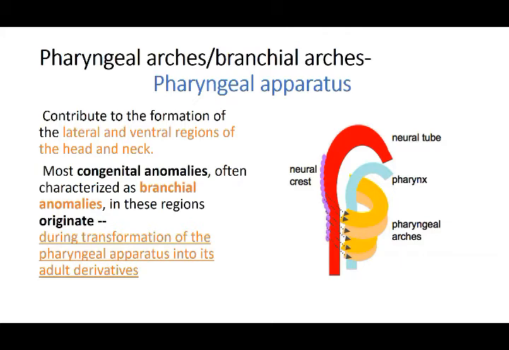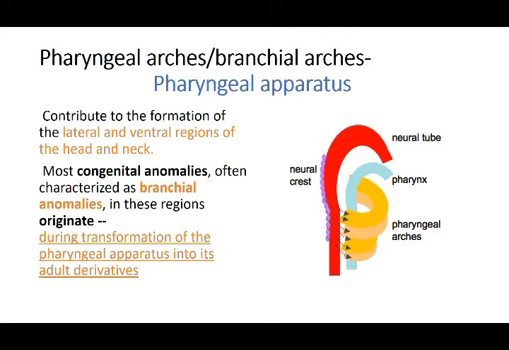This contributes to the formation of the lateral and the ventral regions of the head and neck. All the glands which are there, the muscles, the nerves, etc., all this is formed by this apparatus. Most of the anomalies which develop while this is going on to its maturity are given the name branchial anomalies.